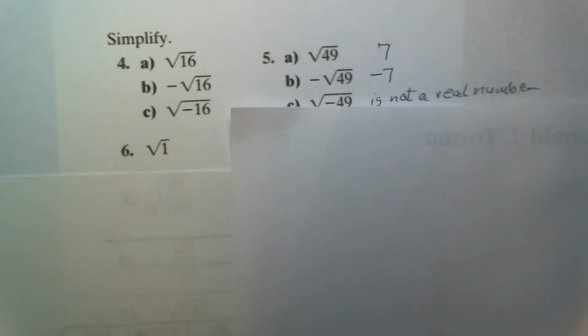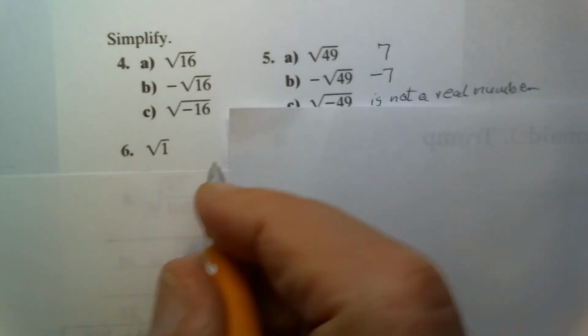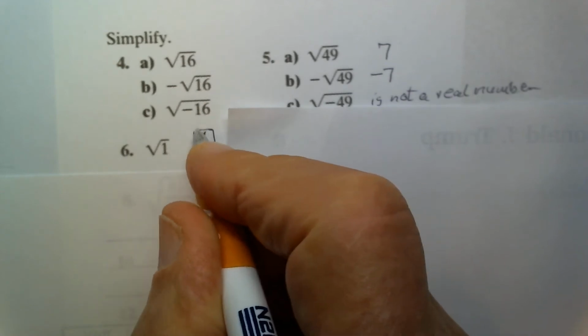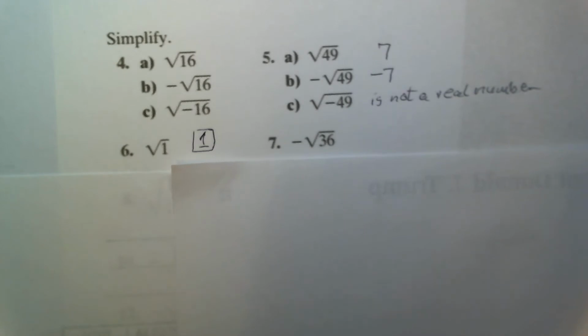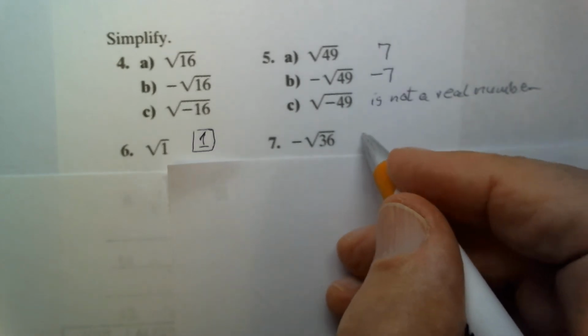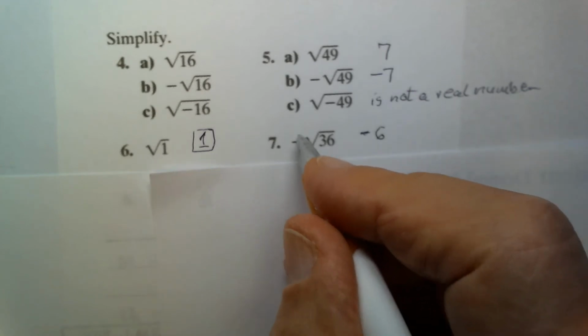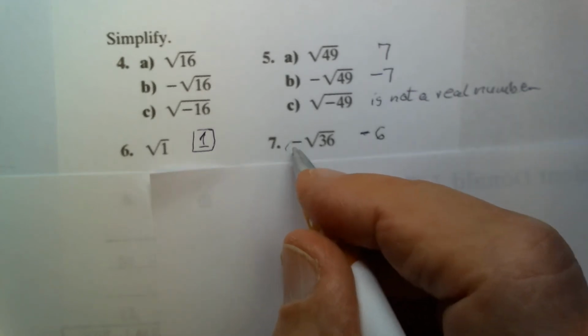And of course, the square root of 1 is equal to 1. And the negative square root of 36 would be minus 6. Again, the minus comes from in front of the radical symbol.